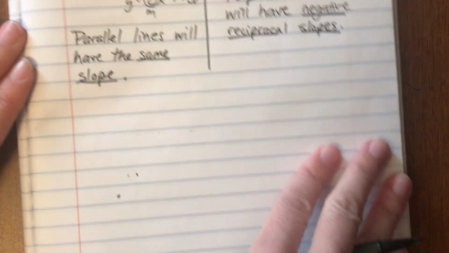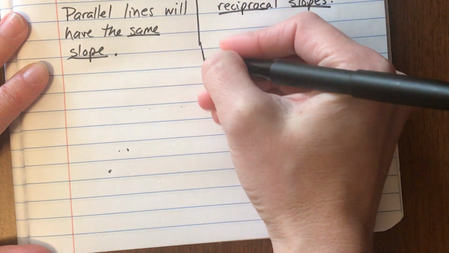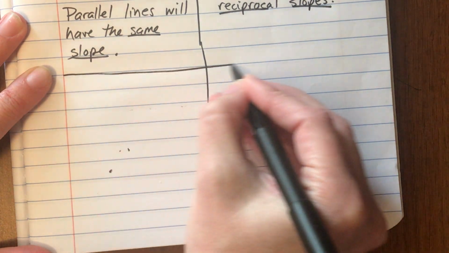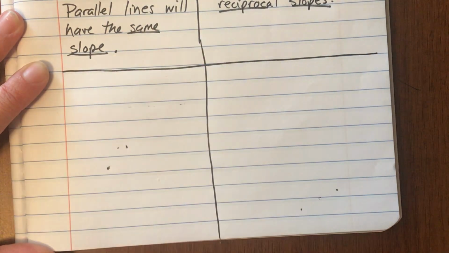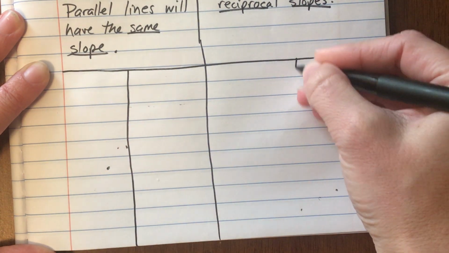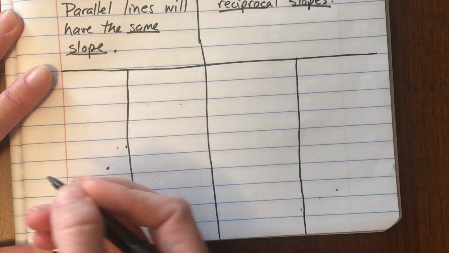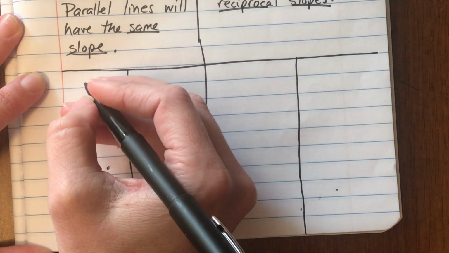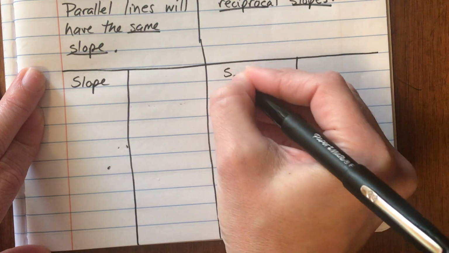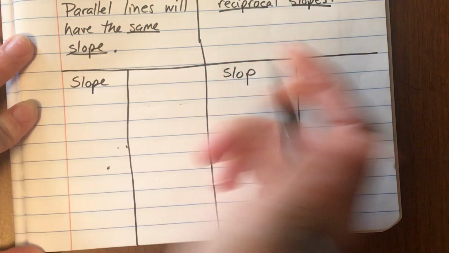So for the rest of this page, I'm actually going to just continue. We should have just split the page in half the whole way. I'm going to make a little chart here. So for the rest of the page, I'm going to split my half in half, and split my half in half. And so we're going to look at if I'm given a slope. So this is going to be original slope.